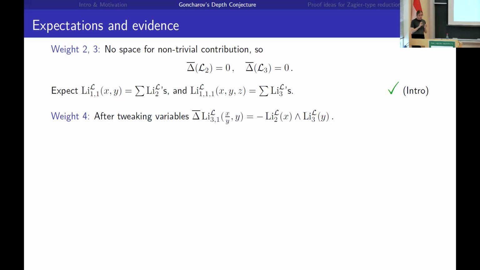And then if you do some tweak of the variables to what I wrote for the coproduct of this Li3.1 thing, I can get a slightly cleaner expression that looks like Li2 of x wedge Li2 of y. And now you can ask, well, can I find some way of combining a bunch of different Li2s of x so they all cancel out?